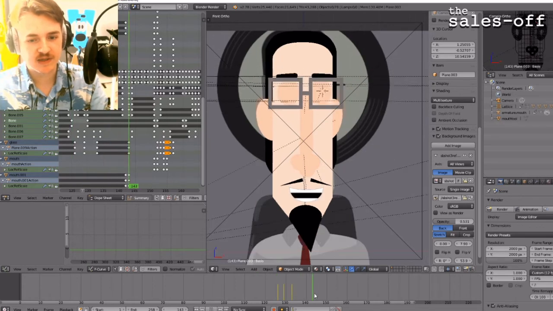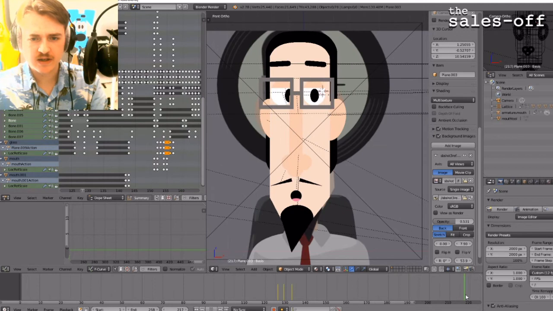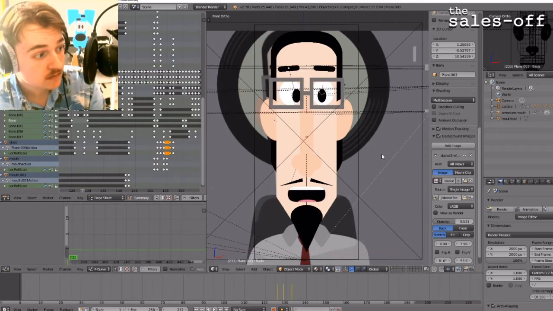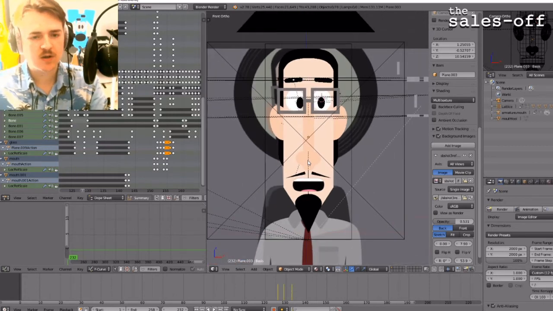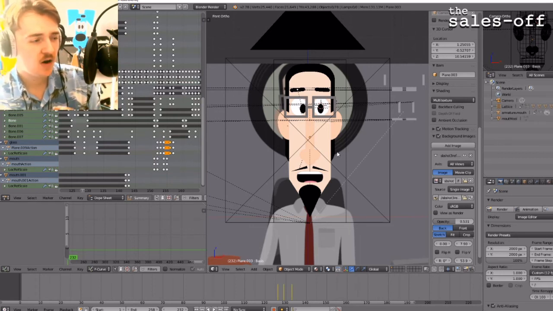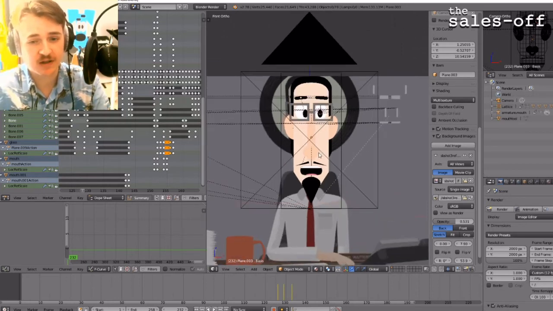Then we really have him smiling and laughing. At the end, when he suspects that maybe Vincent's not paying attention, he's not smiling anymore. So it's not just pure lip syncing, mouth open, mouth closed. It's also how that plays into the facial expression as a whole, so you have to think about that too.